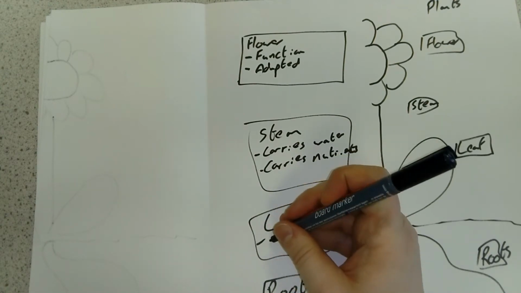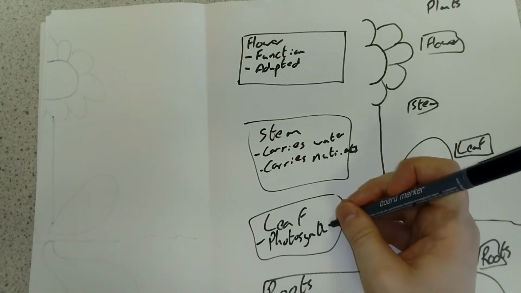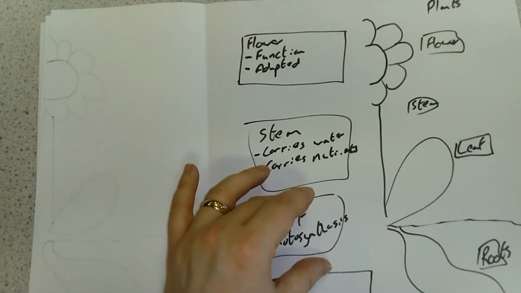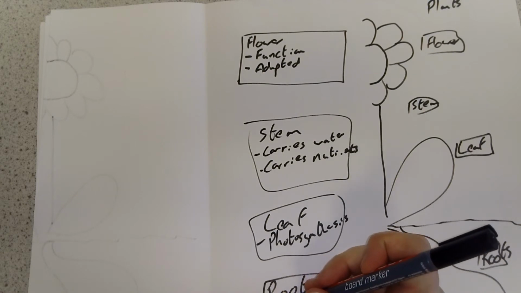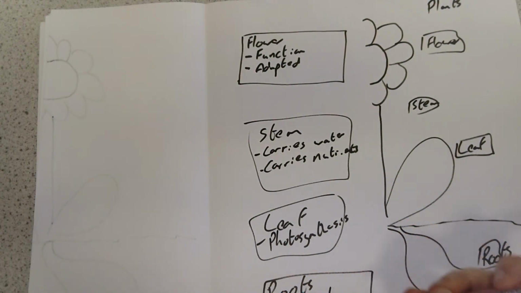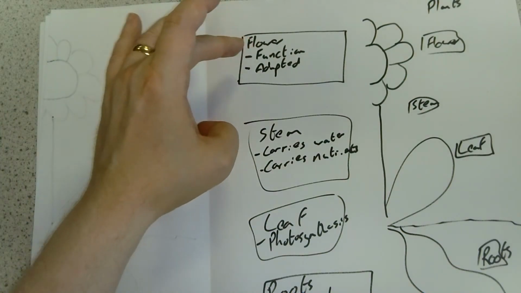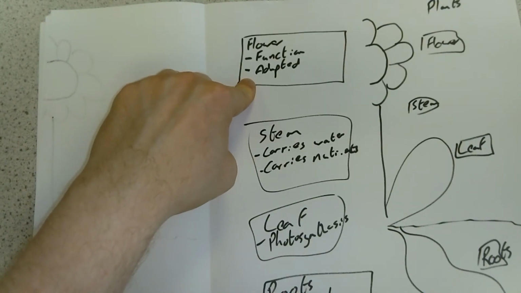The leaf, we're going to talk about photosynthesis, and the roots, we need to talk about them absorbing water and minerals. Further down the line we'll talk about root adaptations and root hair cells. So for each part, function, how it's adapted.